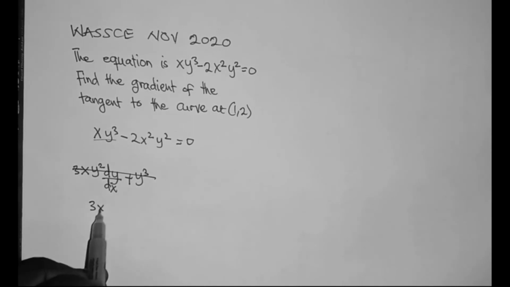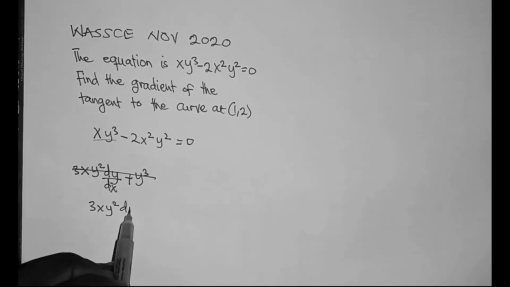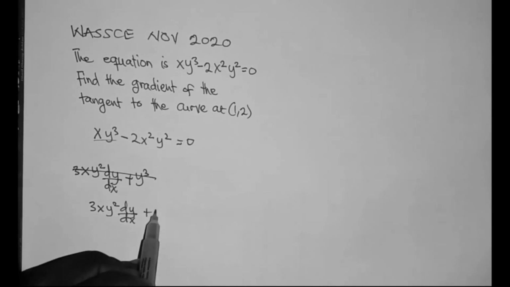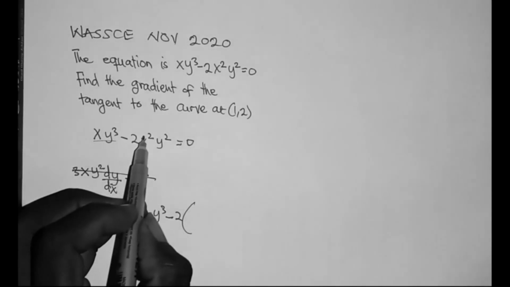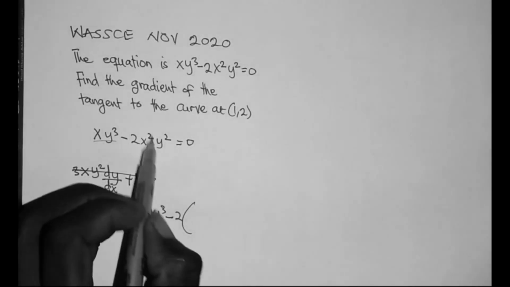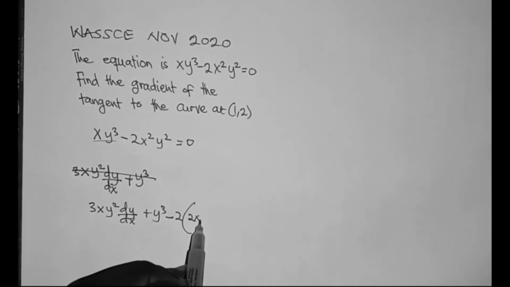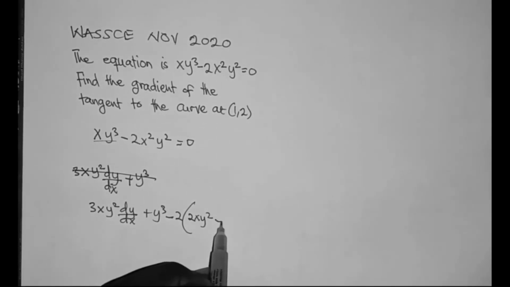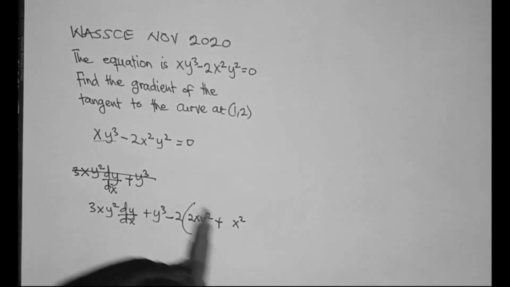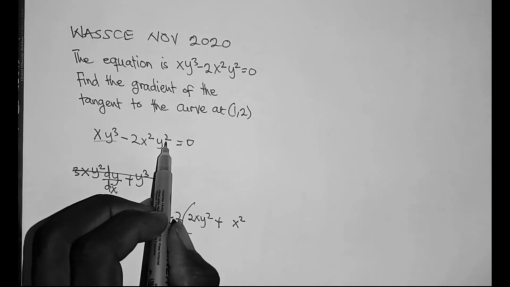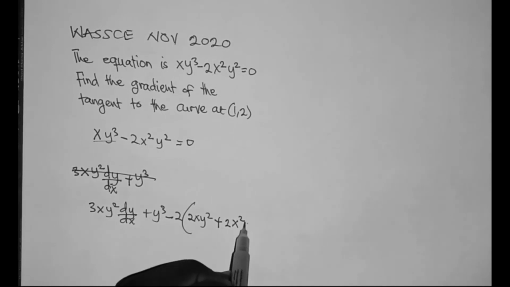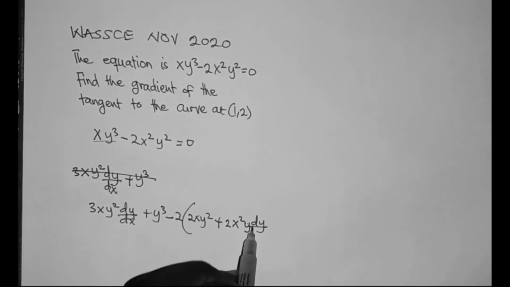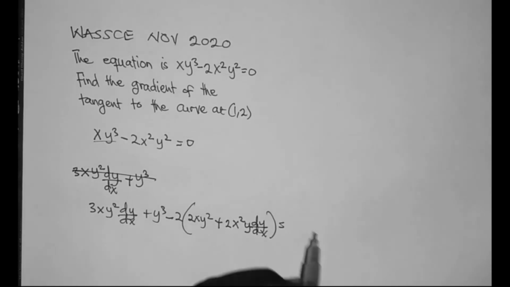So we have 3xy^2 dy/dx plus y^3, minus 2 into bracket. Keep y^2 and differentiate x^2, you get 2xy^2. Then add it to keep x^2 and differentiate y^2, which gives 2y dy/dx, equals, if you differentiate 0, 0 is a constant, so it will give 0.